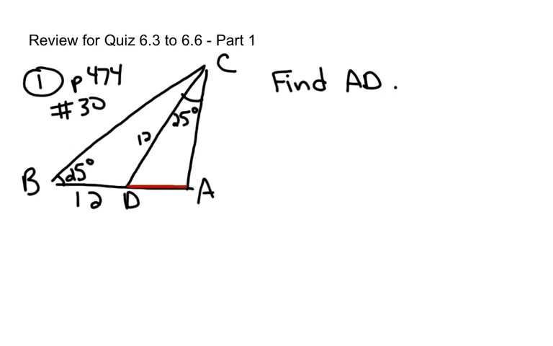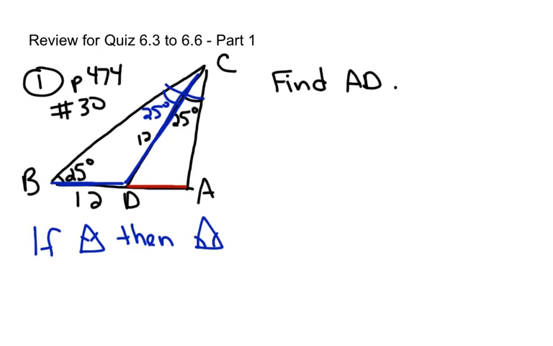Besides the fact that the picture is not drawn to scale, I want you to notice that this side is 12 and this side is 12. Making this an isosceles triangle, which means that this must also be 25 degrees because of this from geometry.